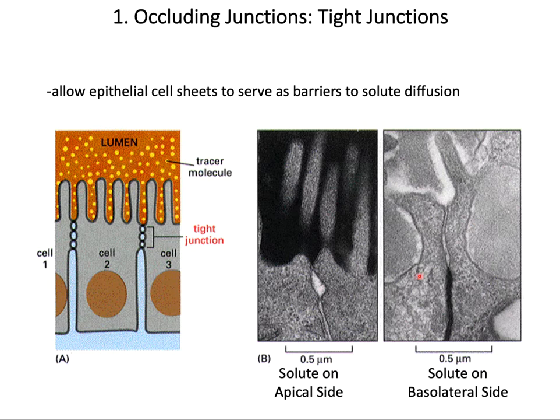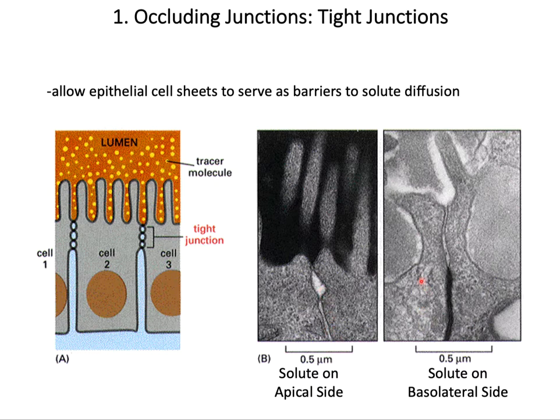In figure B on the right-hand side, if you put the electron-dense tracer molecule on the apical side of the epithelial sheet, you will notice a strong electron-dense signal on the apical side, but the tracer molecule cannot pass this tight junction and flow into the basolateral side.